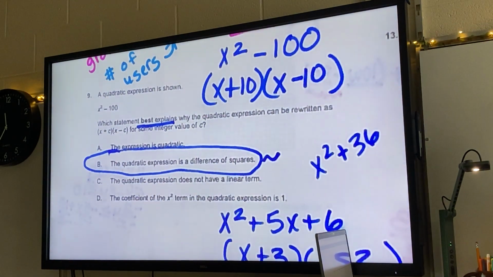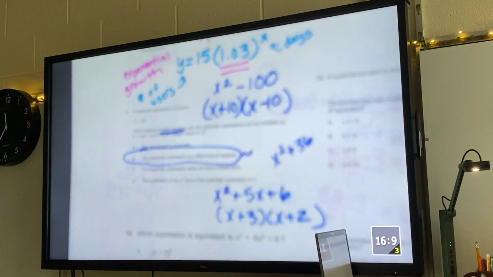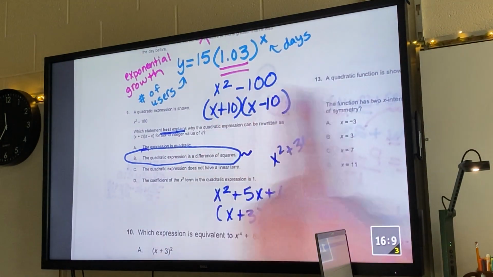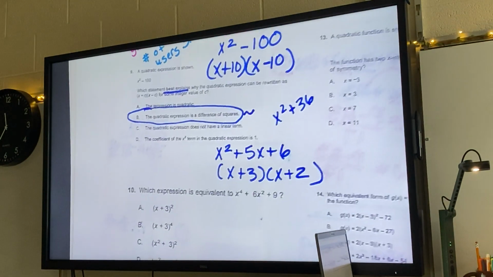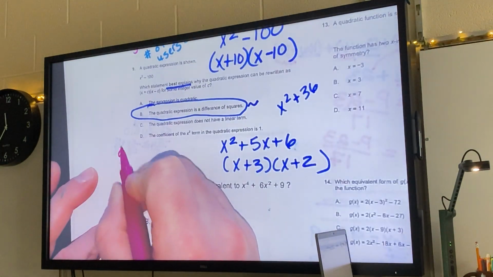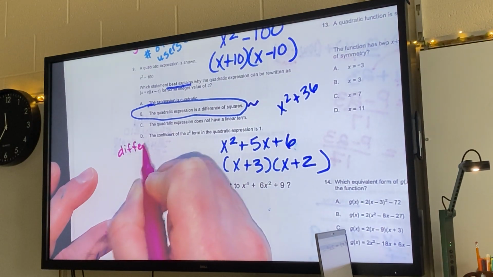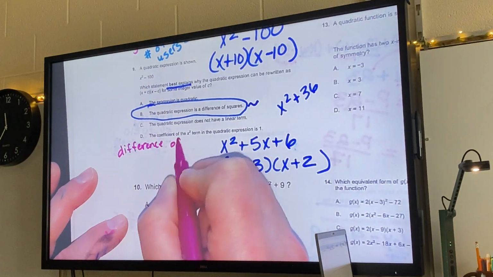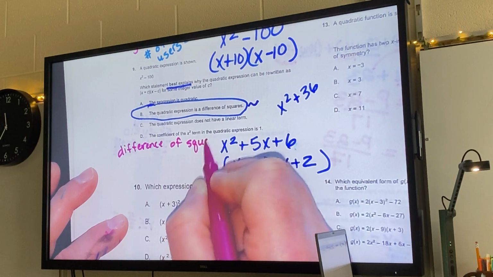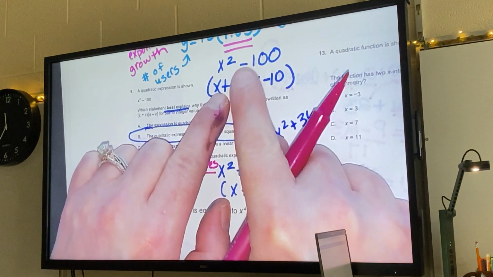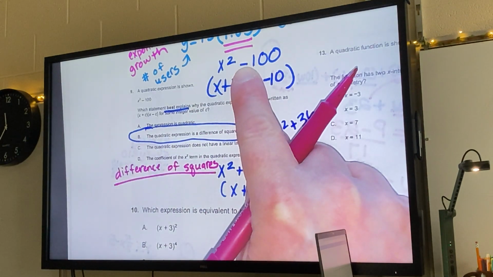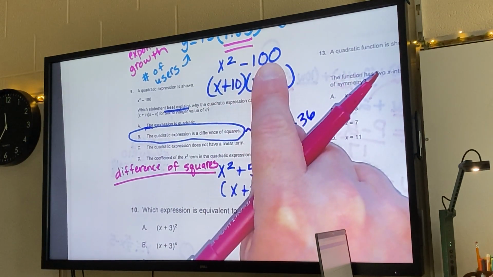Just to remind you of this formula, because you have to have it to factor stuff like that. The formula for the difference of squares, so if it is a difference of squares, and all that means is you are subtracting, which means difference, and it's 2 perfect squares.